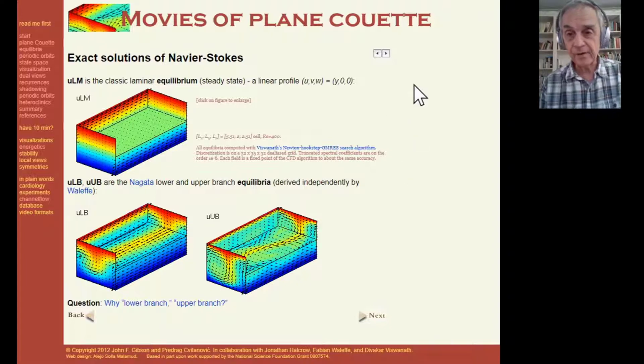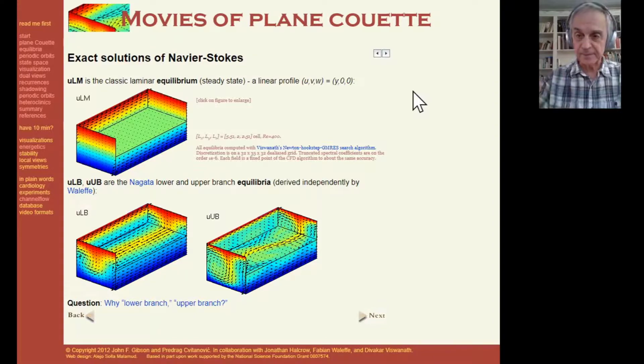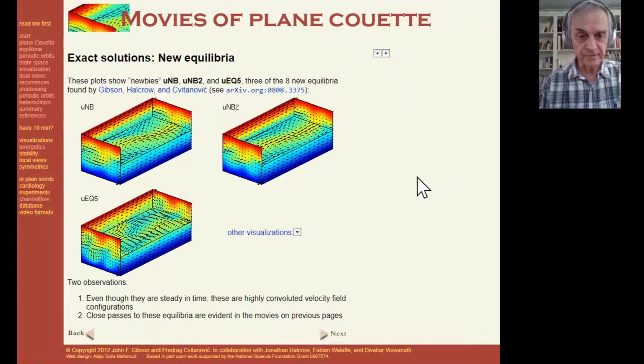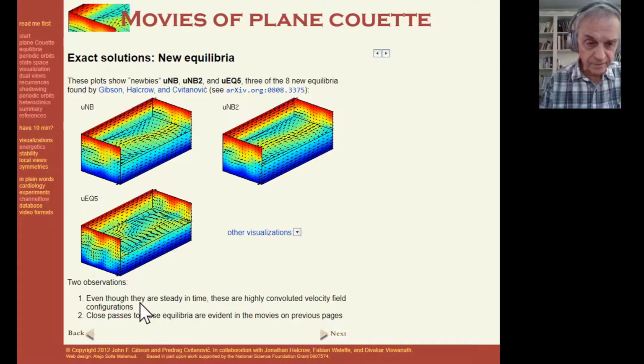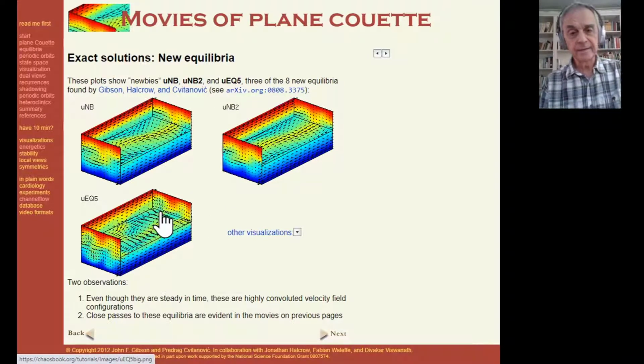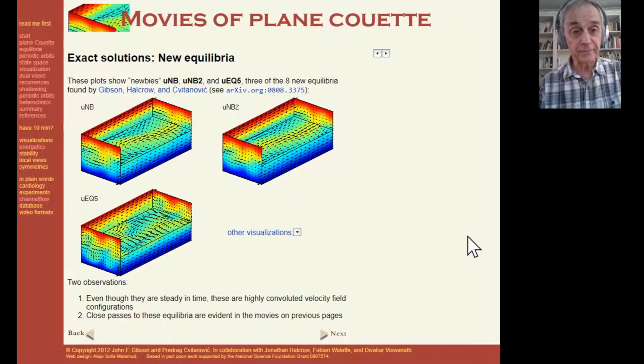And by now we know how to get tons of them, and we have hundreds and thousands for different experimental situations, different geometries. So I'll show you a few more. Basically, there are other equilibria which have more structures, and there are things that look totally crazy turbulent, but they are equilibria.